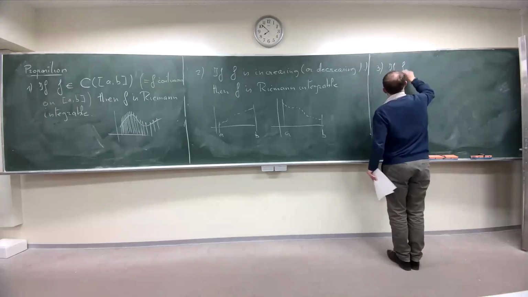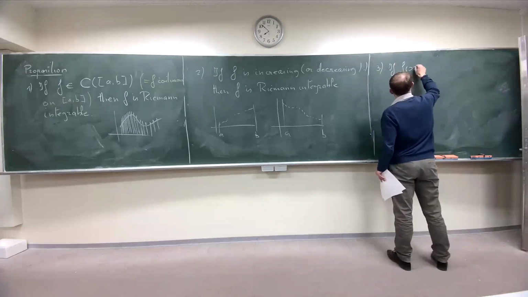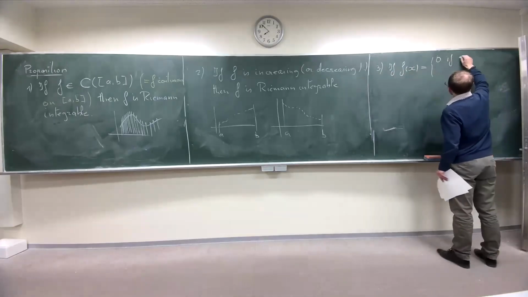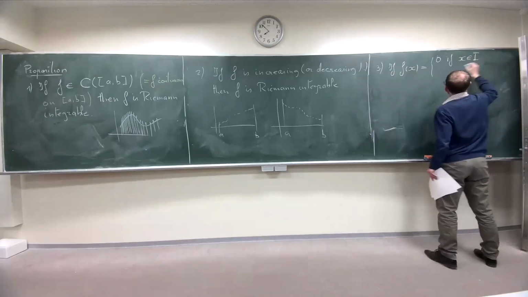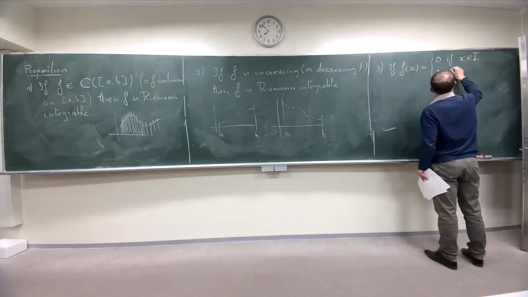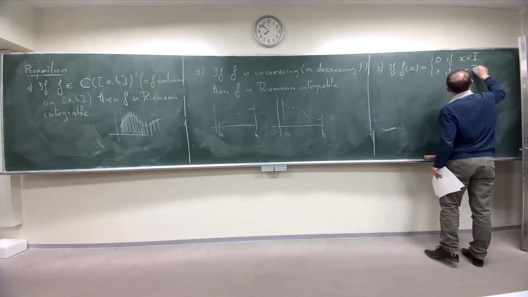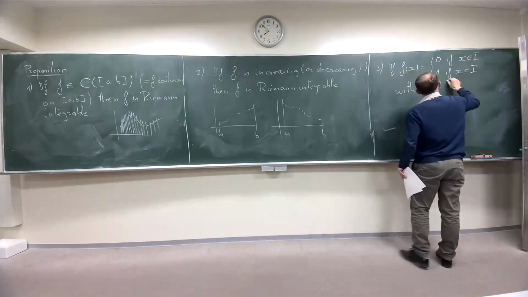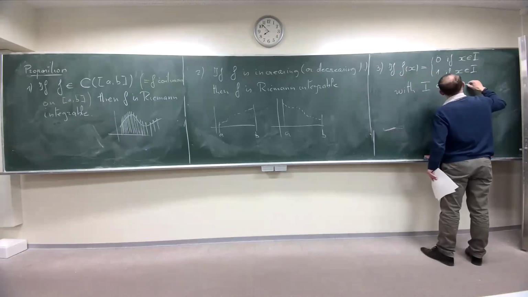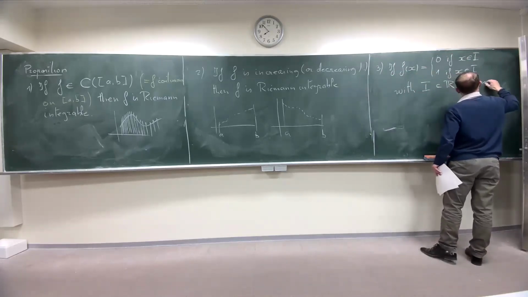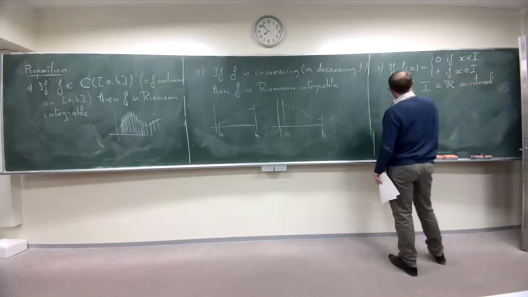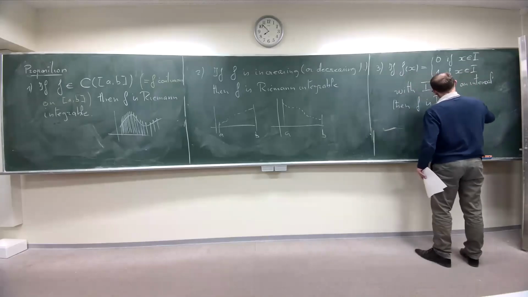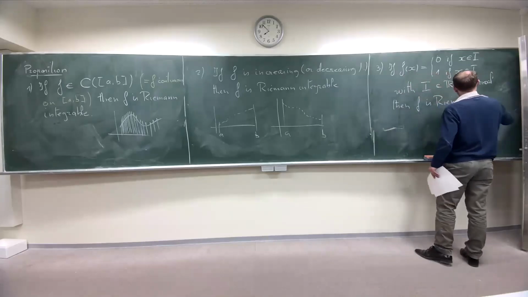If f of x is equal to 0 if x does not belong to an interval, and 1 if x belongs to an interval I included in [a, b], then f is Riemann integrable.